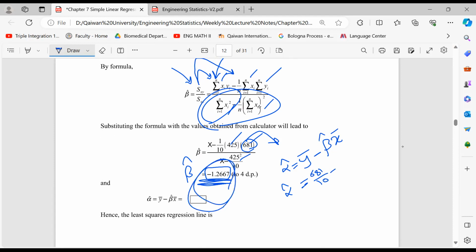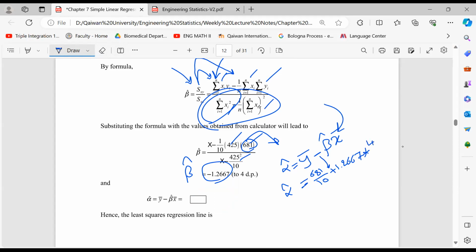Beta hat is this value, and it is negative. Negative becomes positive, so plus 1.2667 multiplied by x bar. X bar is the sum of all elements of x divided by 10.